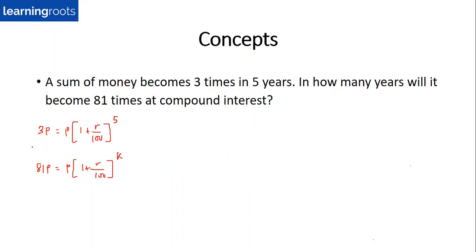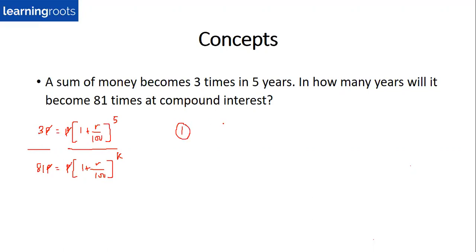Now if I just divide these, the p can be cancelled, so I'm left with this. So 3 by 81 is what I need to know. You need to find the power which is there for 81. So you can solve this from here and you'll get the answer. But I'll give you the shortcut that you can use.